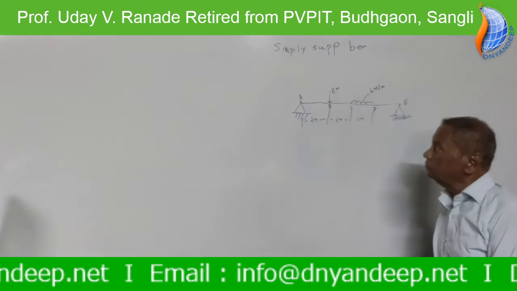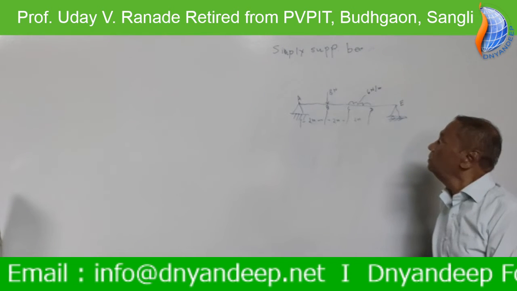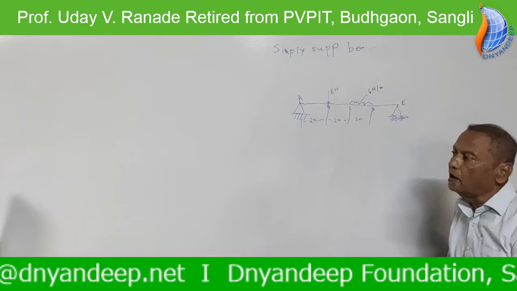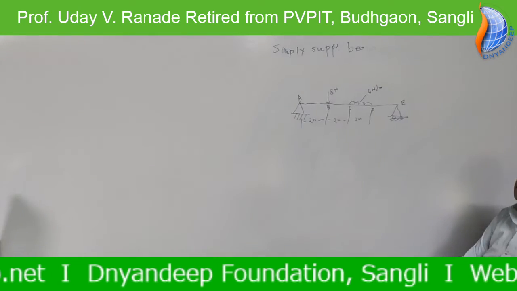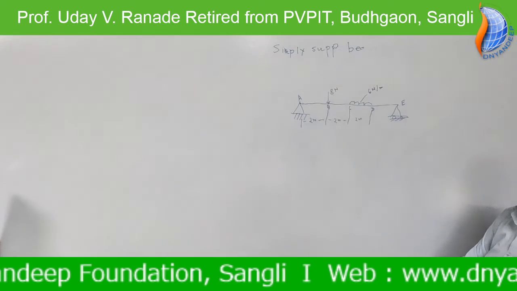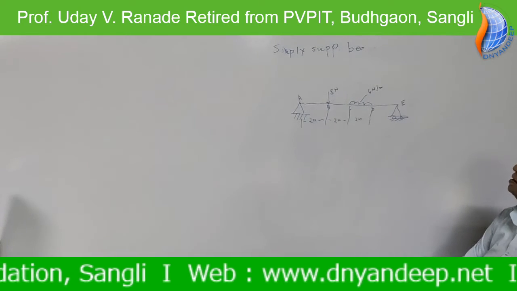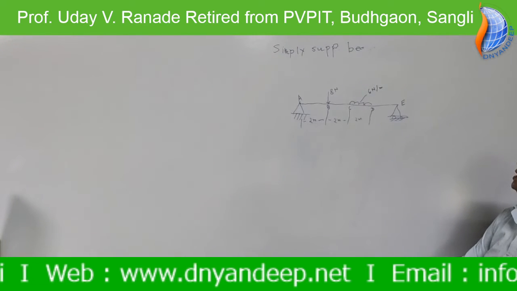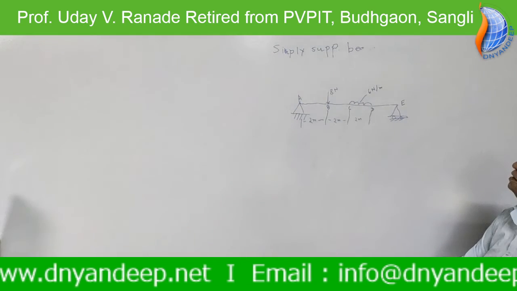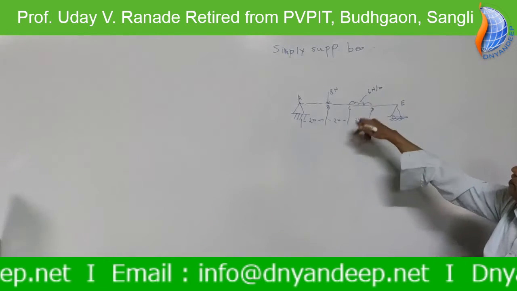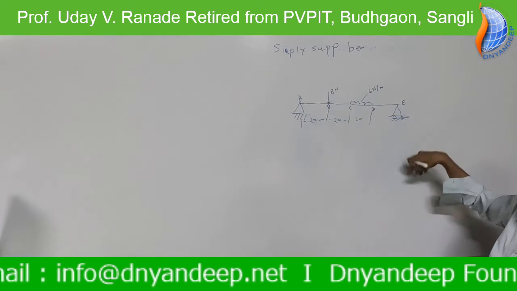Now, to find RA and RE. In this case also, as in the previous case, there is no horizontal load or inclined load. So, reactions are perpendicular to support. At the same time, they are in vertical direction. Loading is vertical, so reactions are vertical.